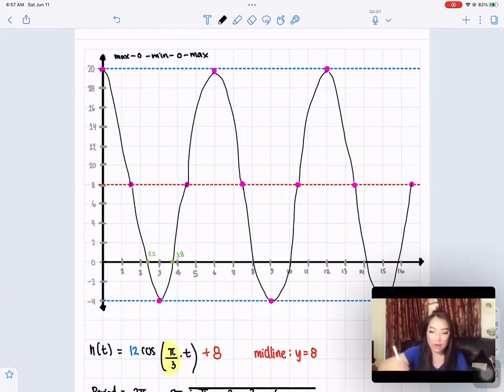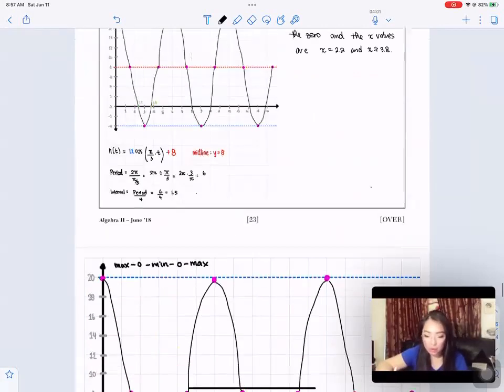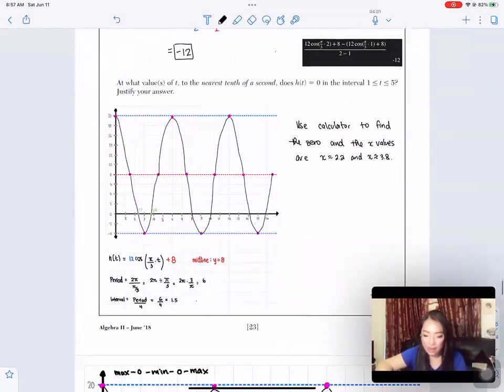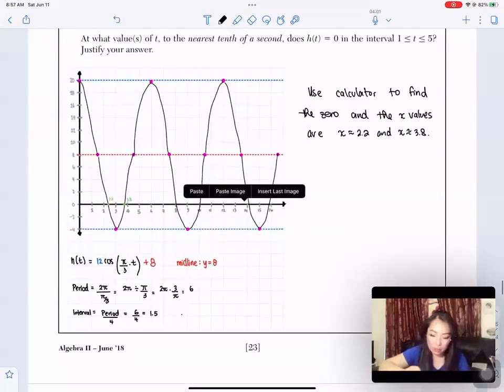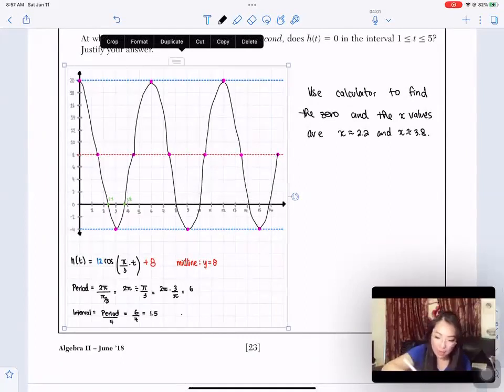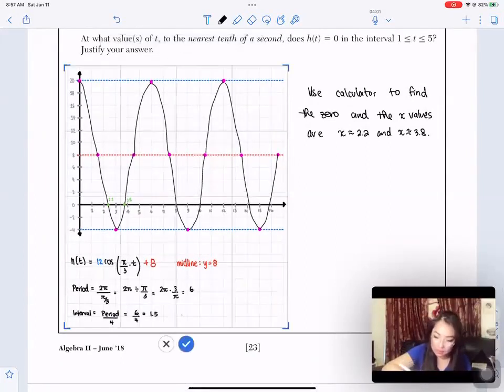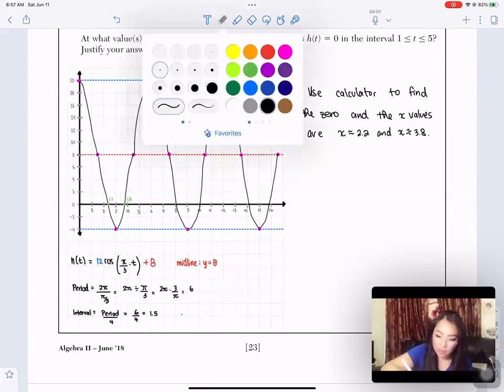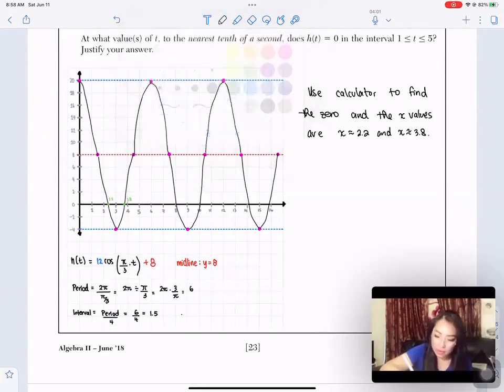Okay. But they only wanted from 1 to 5. So you only wanted this piece. So in technicality, I don't need all of this, right? If I were to white them all out, I only need this part.